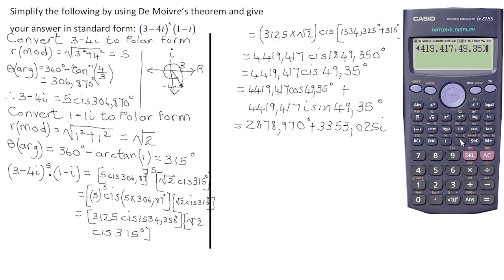You close, you first double check, and then you say equal. You can see there your x value, which represents your real part, is 2878.970. And then you move to your y value. You can see there 3353.025i. So that is correct.